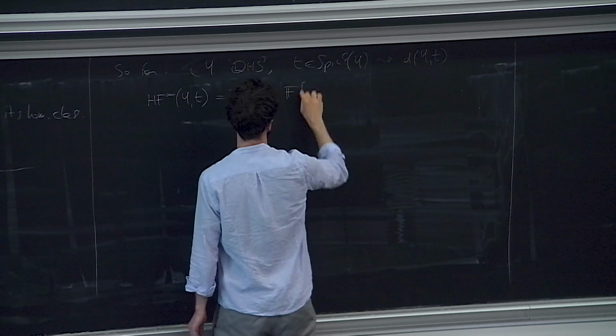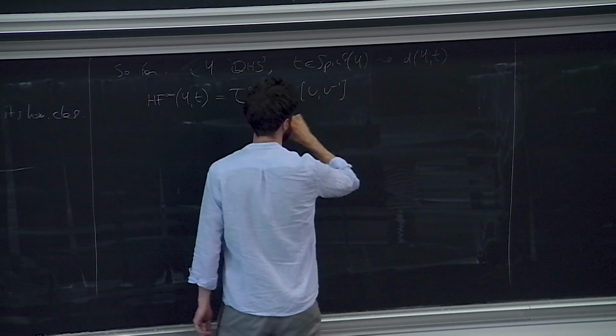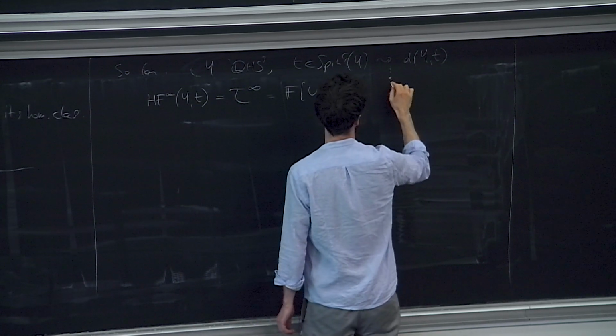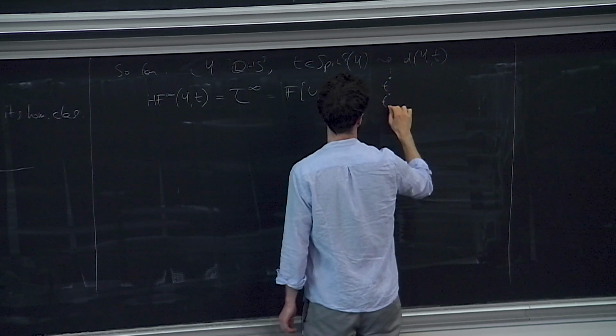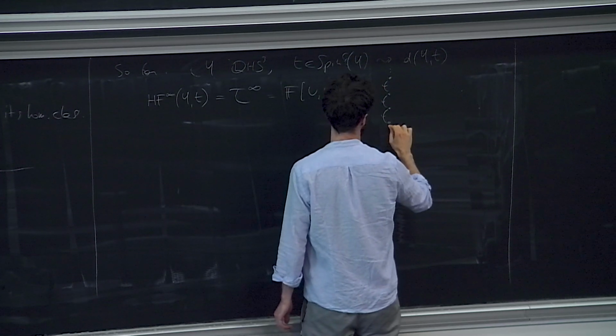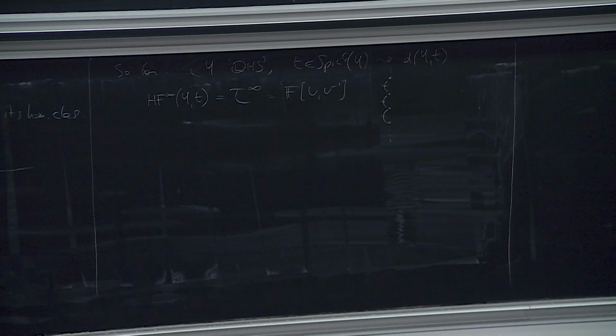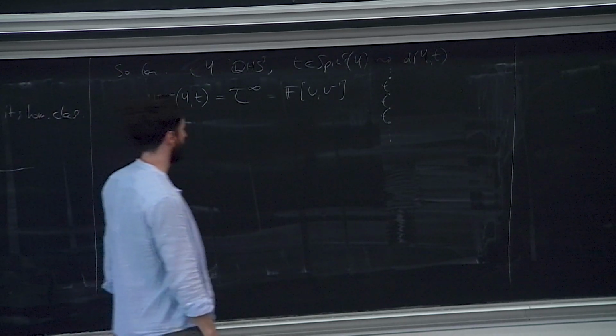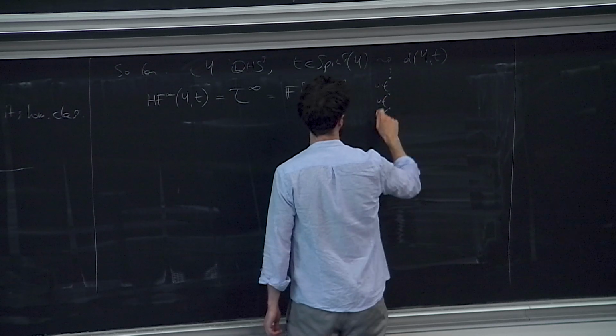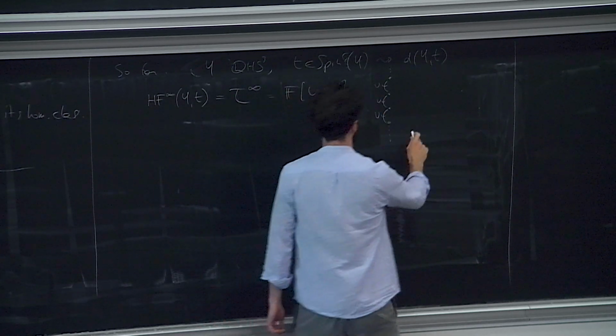So recall that this is just F[U, U inverse], and pictorially I have a tower where the tower goes up indefinitely, down indefinitely, and the shift is the U action, multiplication by U, and the degree I plot up.